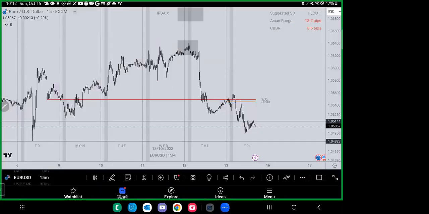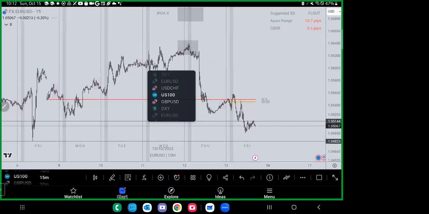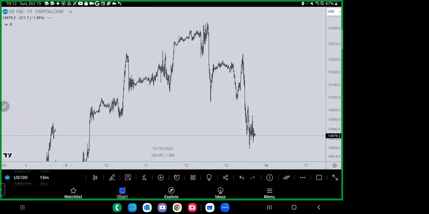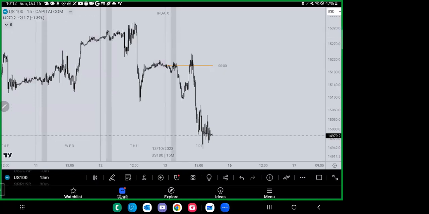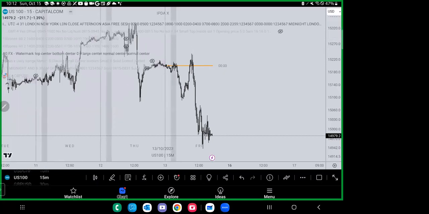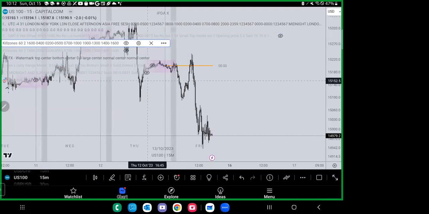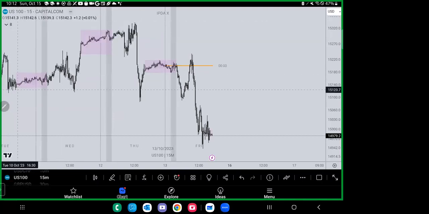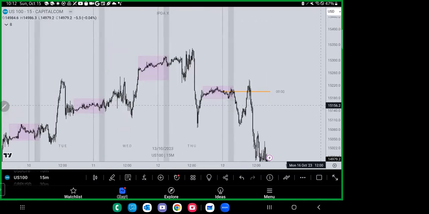Okay, so let's take a look at NAS 100. And then we'll just look at the previous week's price action and see if there were any examples. All right.